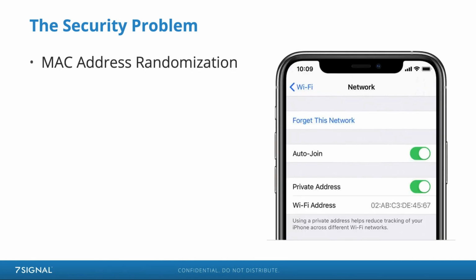And then the last thing, well, not the last thing actually, but from a protocol perspective, a security issue here is MAC address randomization. To protect users' privacy, many operating systems now are using MAC address randomization. So every time they connect to a network, the device just makes up a new MAC address. It's random, and that way you can't be tracked as easily as you're connecting to Wi-Fi and probing for Wi-Fi networks.